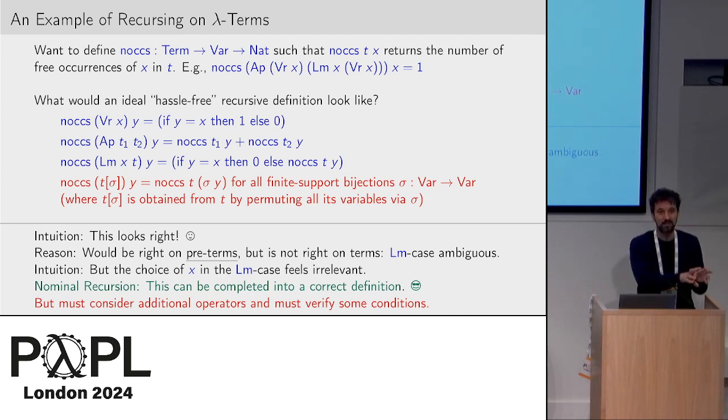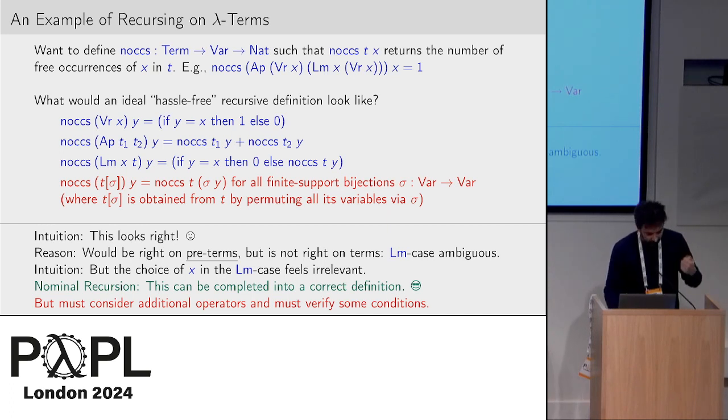So if we consider these additional operators and verify some conditions, more about this a bit later, then we are fine. So then this is accepted as a definition. So we get our original definition as a subset of this fully rigorous definition, so to speak. So we don't have to change a representation or to recurse over different constructors.